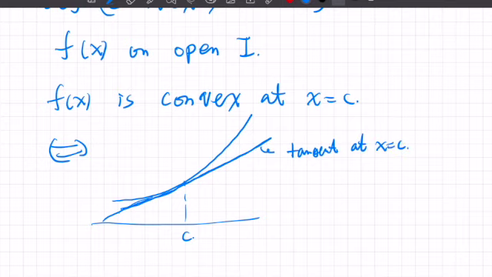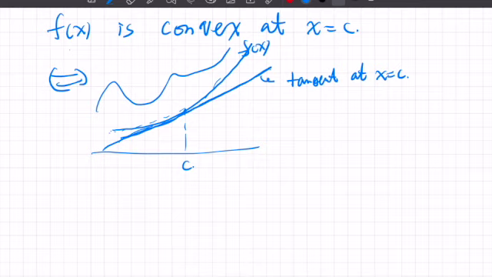So if all the points of f of x are above this tangent line, then we say f of x is convex at x equal to c. Okay, but this definition depends on this graphical image. So what happens if the graph is something like this? Does it still apply? We don't know. So more precisely, we use the equations.